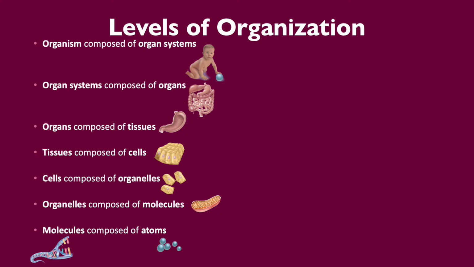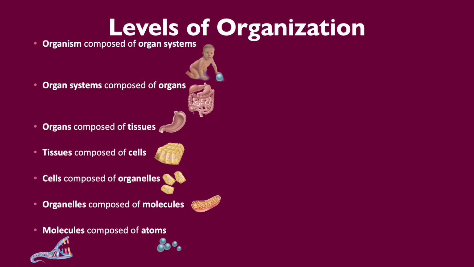An organ system would be a group of organs for a particular system. For example, your reproductive system would be your gonads. It would be the testes, the vagina, the urethras, and so forth.